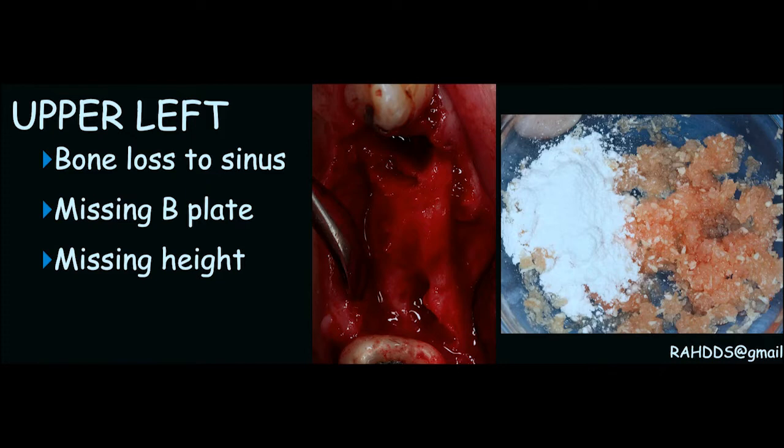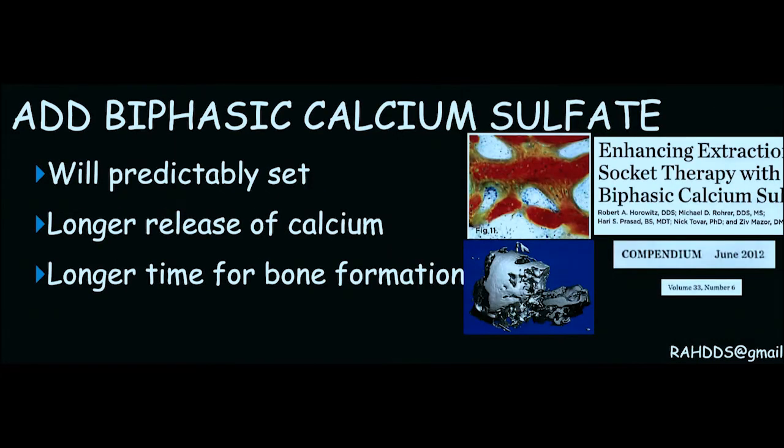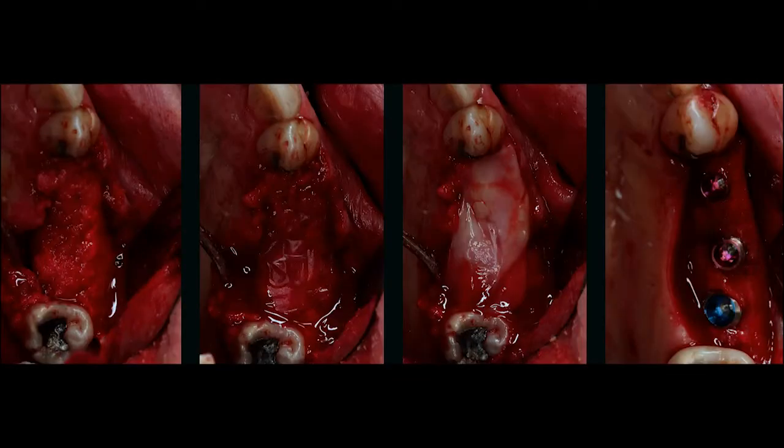What John Sottosanti and David Anson and so many others showed us over the years will give us good solid bone quickly in 3 months. We know that the calcium sulfate, whether it's single or biphasic, will give us the slow release of calcium. Again, angiogenic, osteogenic.